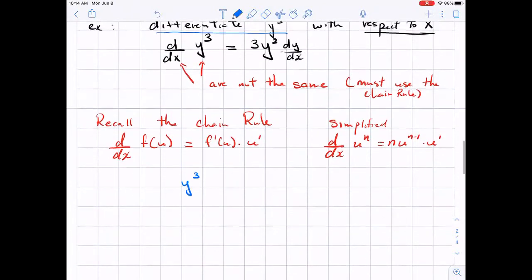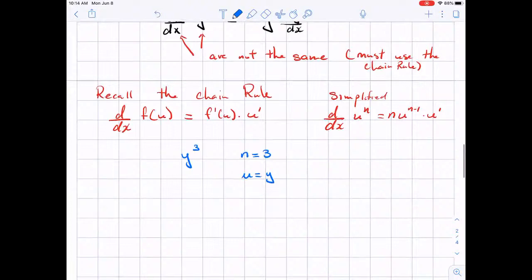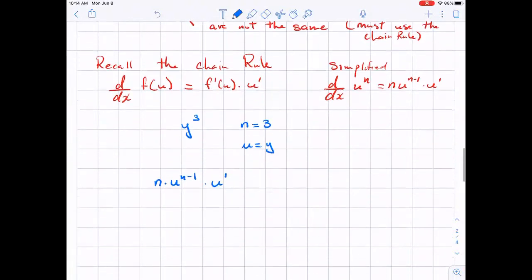So n here is equal to 3, and u is equal to y. The formula says n times u to the n minus 1 times u prime. So n is 3 times u, here y, to the 3 minus 1, and then the derivative of u.